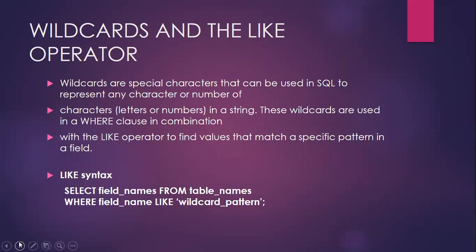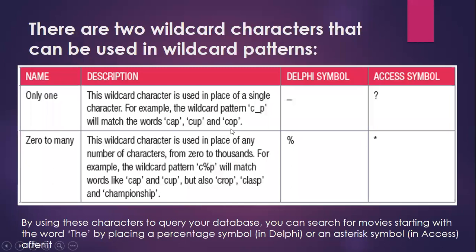Great. Let's carry on. Okay, so there are 2 wildcard characters that can be used in wildcard patterns. So let's start with the first. This wildcard character is used in place of a single character. So if it's just a single character, for example, the wildcard pattern C_P.